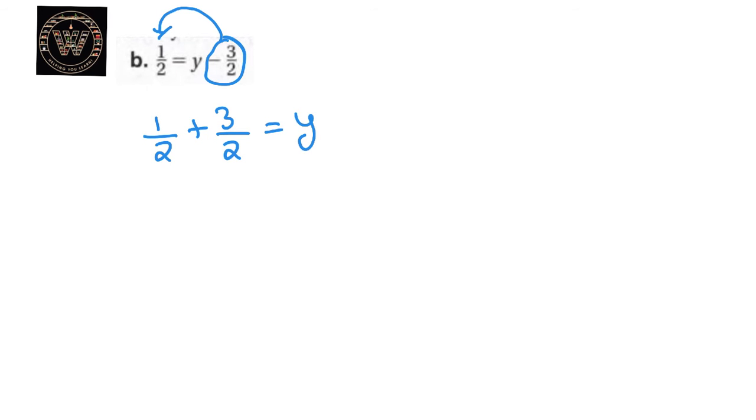And we have learnt in our lower grades how to add two fractions. When the denominators are the same, you just add the numerators and put the denominator. So our addition of the fractions is going to be 3 plus 1, which is 4 over 2, and y is equal to 2. This is the solution of the equation. Great going. Let's try a few more.